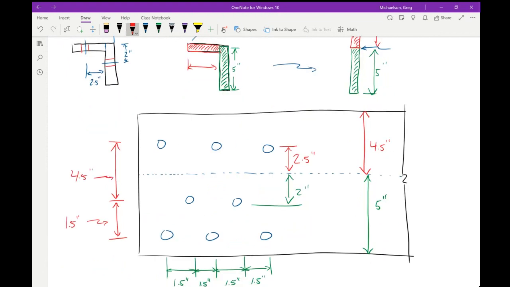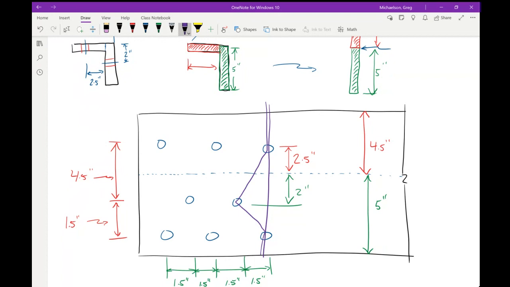which makes this 4.5 inches. So the overall point I'm making is that when we compute the net area, there are 2 different cases that we're going to have to consider. There is a case like this, which is just going to be the gross area minus 2 bolt holes. But then there is a second case that looks like that.